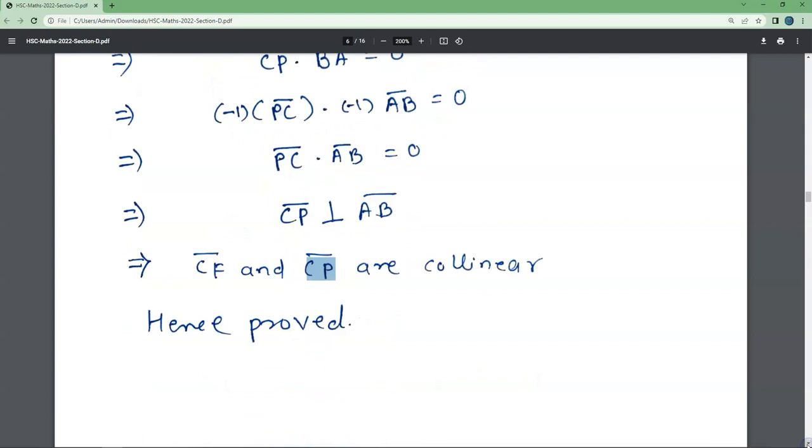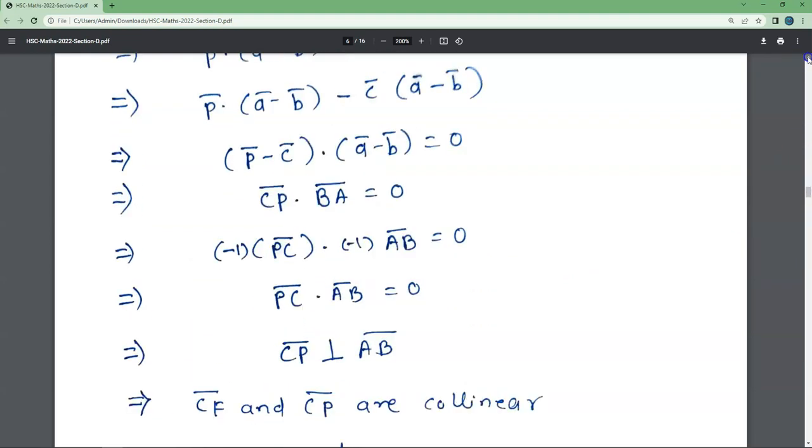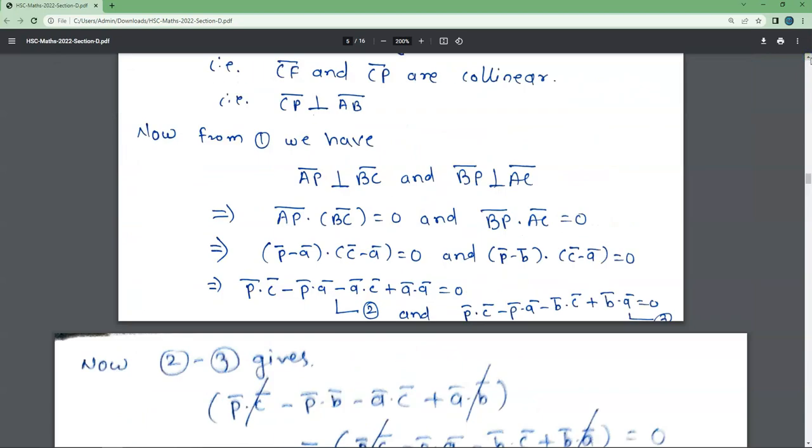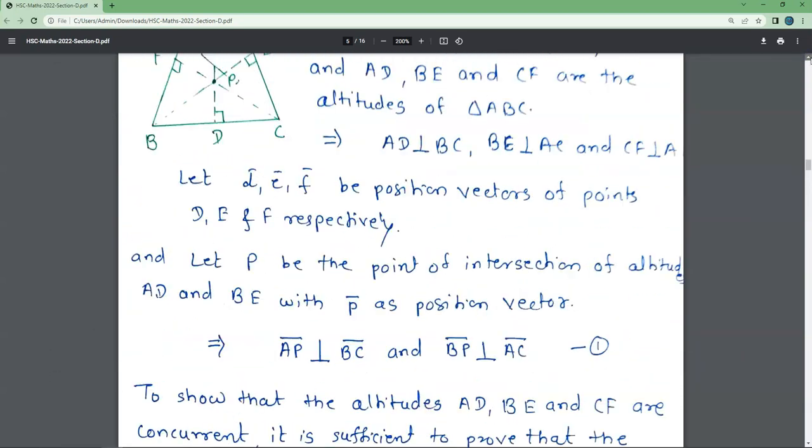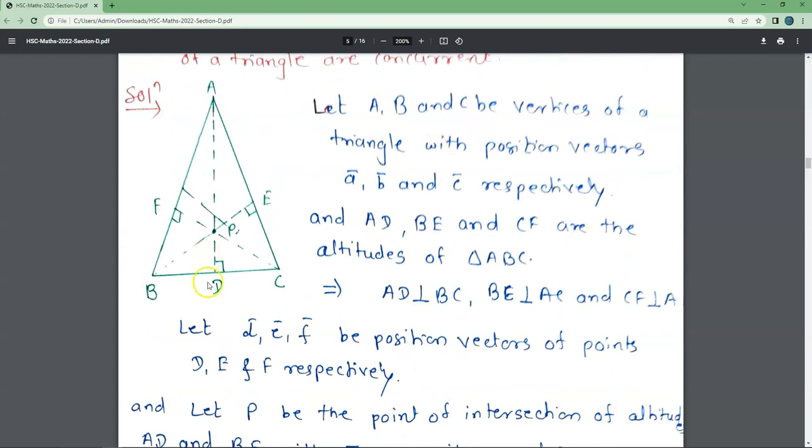So altitudes are concurrent. Remember? So what we basically did in this example, we simply drew a diagram first. आपण याच्यात एक डायग्राम ड्रॉ केली. ट्रायंगल ABC घेतला, 3 अल्टिट्यूड घेतले, AD, BE, CF, त्यांचा कॉन्करंट पॉइंट P घेतला, सगळ्यांचे पोझिशन वेक्टर्स घेतले A, B, C, D, E, F आणि पॉइंट P चा P घेतला. देन आपण 2 अल्टिट्यूड घेतले आणि त्यांचा एक पॉइंट ऑफ इंटरसेक्शन P मानला आणि तिसरा अल्टिट्यूड सुद्धा त्या पॉइंट P मधनं जातो हे दाखवलं.